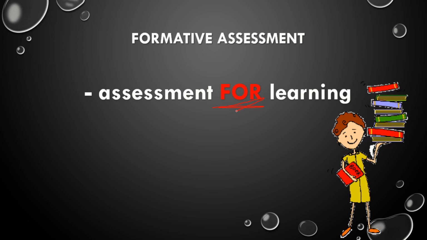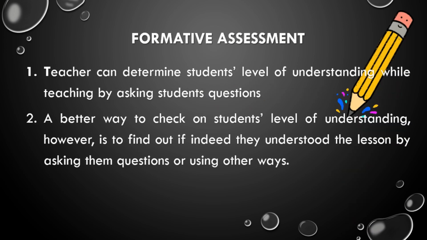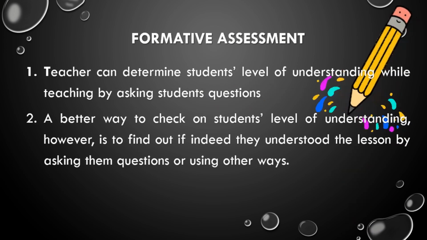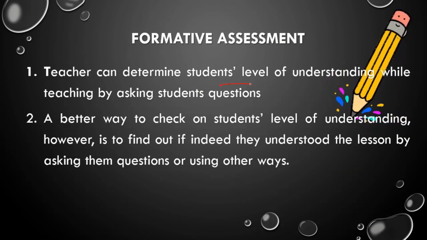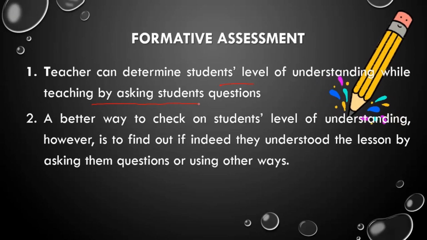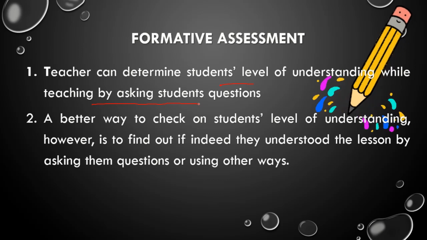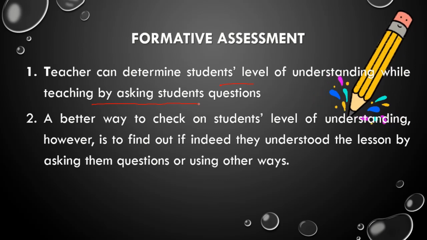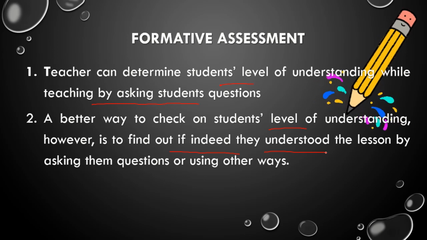How do teachers do formative assessment? Teachers can determine students' level of understanding while teaching by asking students questions. A better way to check on students' level of understanding, however, is to find out if indeed they understood the lesson by asking them questions or using other ways.